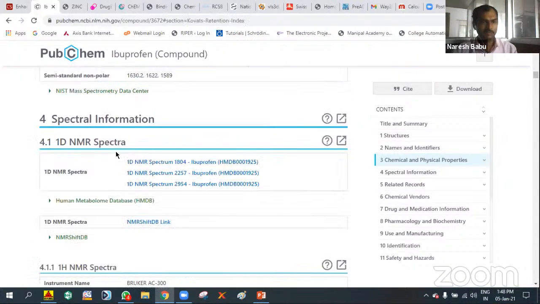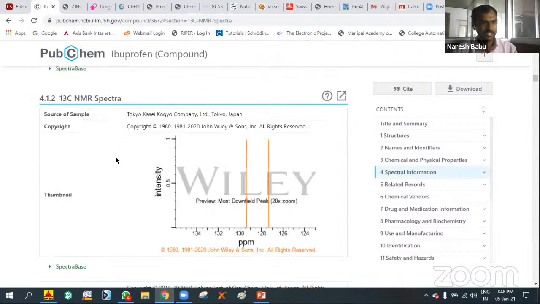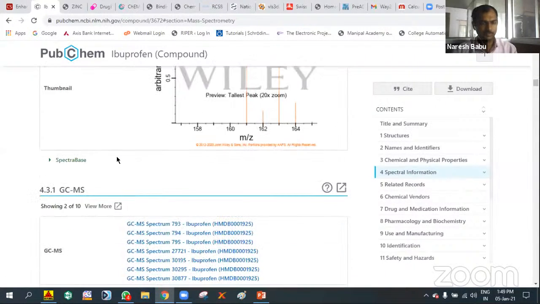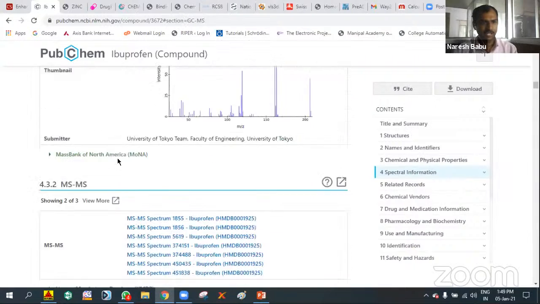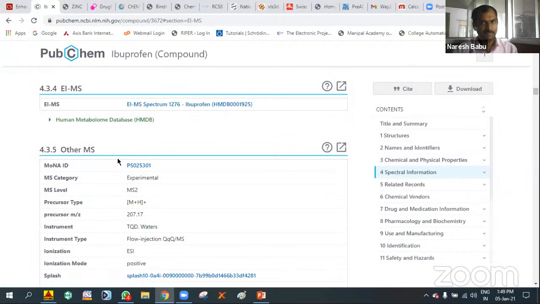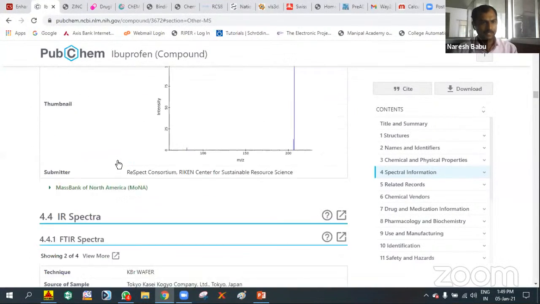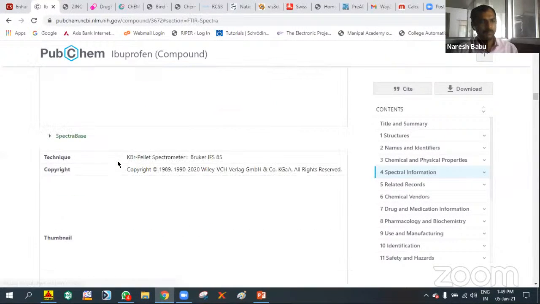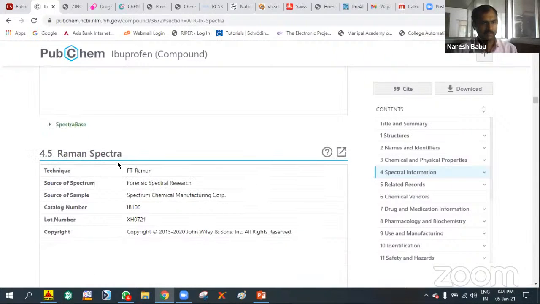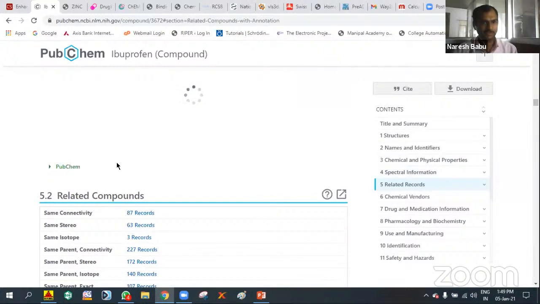We can get the spectral information also, that is 1D NMR, proton NMR, and C13 NMR, and mass spectroscopy. In the mass spectroscopy, we can observe the GCMS data, MSMS data, LCMS data, EIMS data, IR spectra of the compound, ATR, and Raman spectra. Here related records are also given.